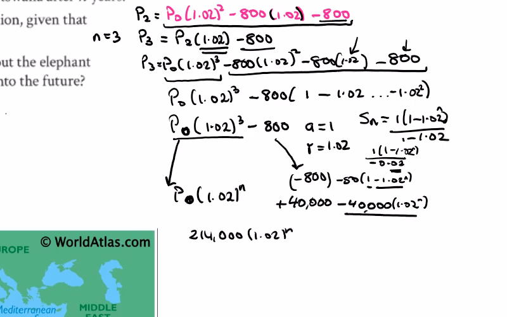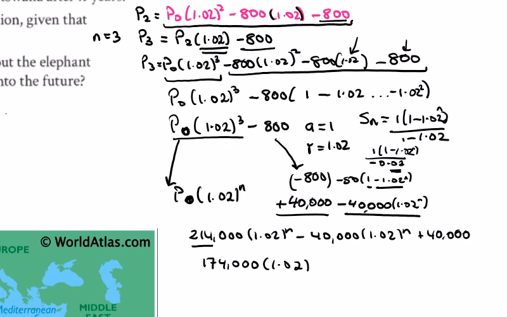We also have minus 40,000 of them. And we have the plus 40,000 in the middle. Maybe a bit messy. So we're going to get, looks like 174,000 by 1.02 to the power of n plus 40,000 is going to be the population of this elephant herd in Botswana.